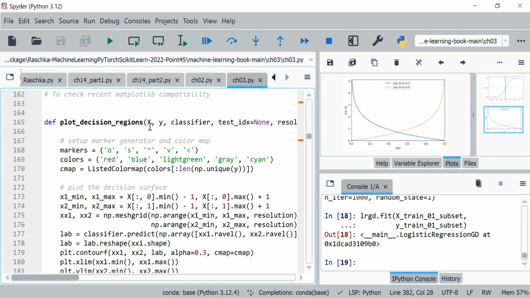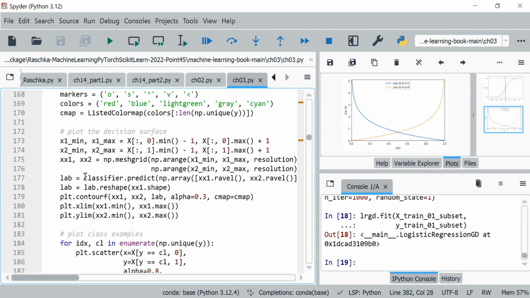The plot decision region function is actually doing 2 things. We first define different markers and different colors, and make a map for the colors. Then first we plot the decision surface. So what is the decision surface? The decision surface is a map.